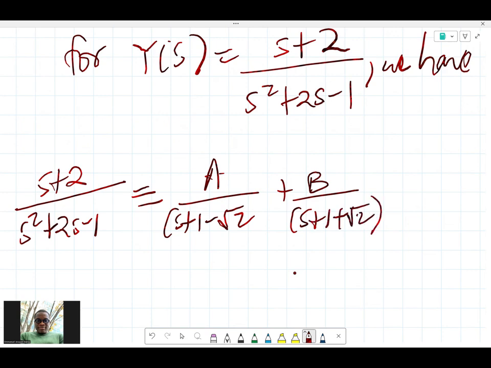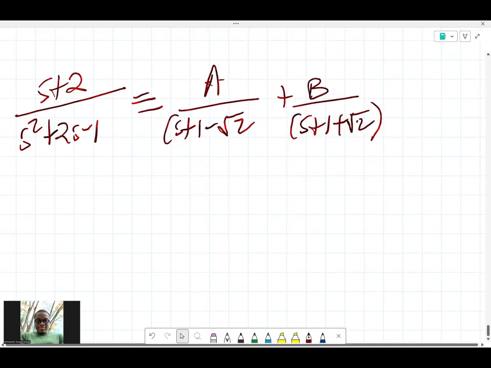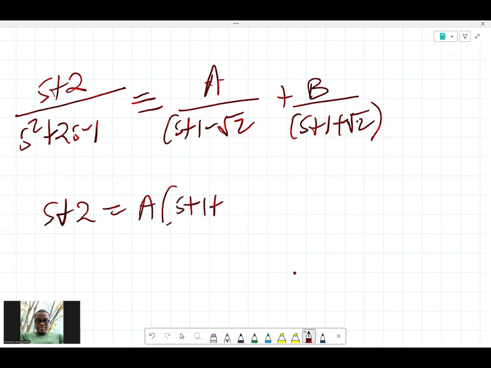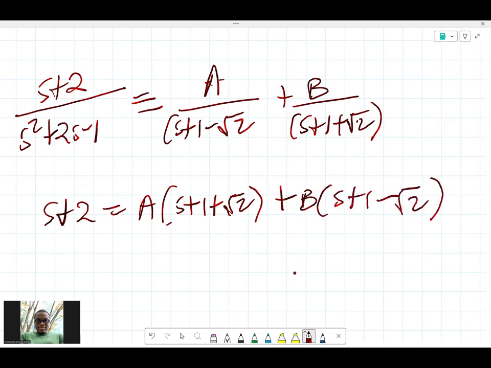So that's what we have here. Now we can multiply through by the LCM. So we have s plus 2 equals A into (s plus 1 plus root 2), plus B into (s plus 1 minus root 2). Okay, and this one will cancel out and we have that.